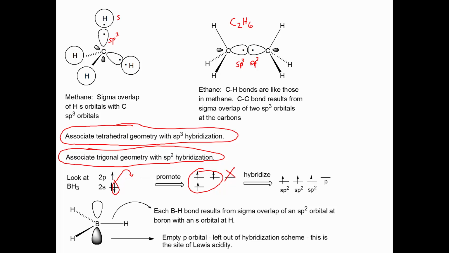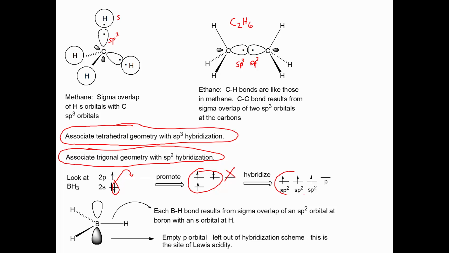These three are all equal to each other, and then there's the p orbital. Okay, so we make the sigma bonds with the sp2 hybrids. So we need three sigma bonds in BH3. Each BH bond is going to result from the sigma overlap of an sp2 orbital at boron and an s orbital at hydrogen.